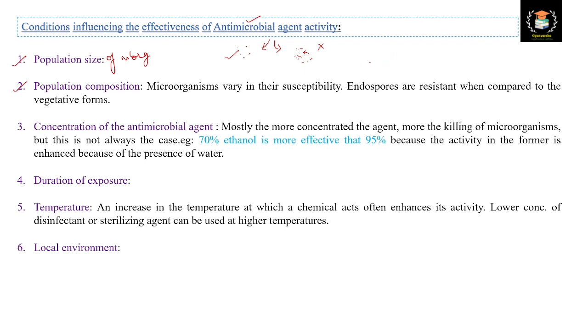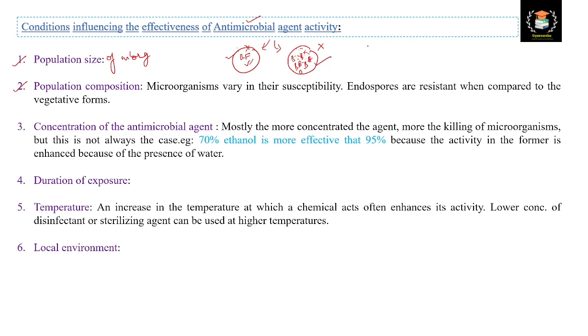Similarly, for the composition, if there are 5 organisms but there are bacteria, fungi, viruses, some agents might not be able to kill the viruses, so here it is ineffective. But if there are only bacteria, even if there are many, the agent might be able to kill them, so it is effective here.